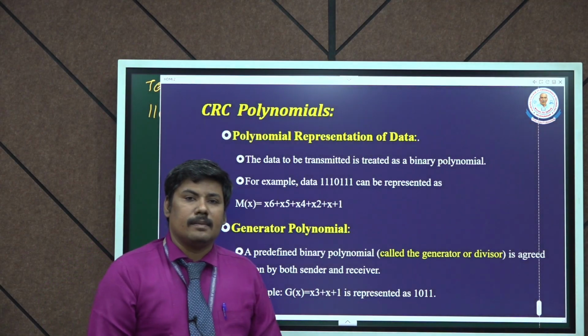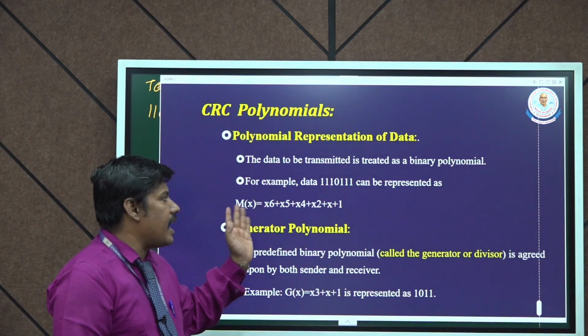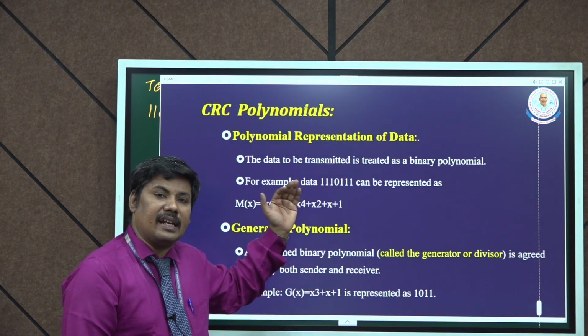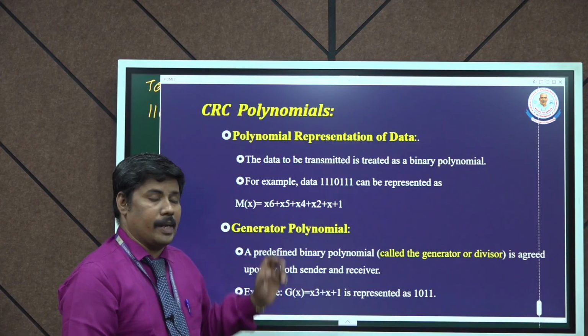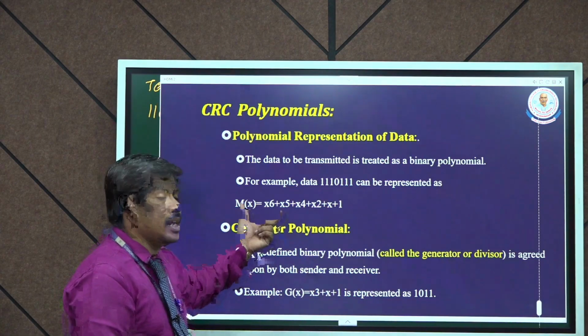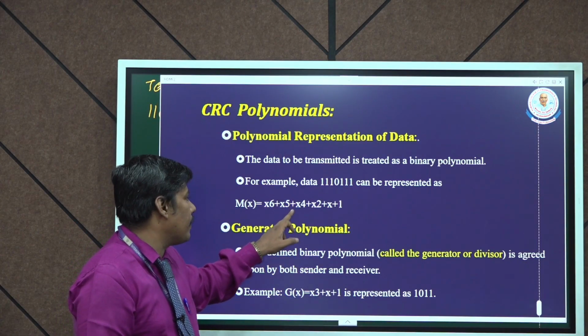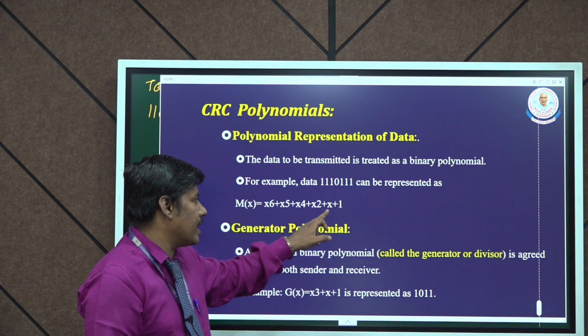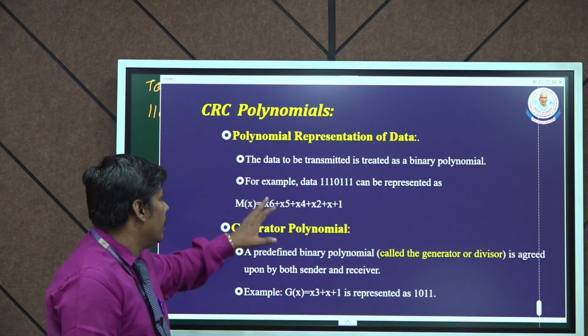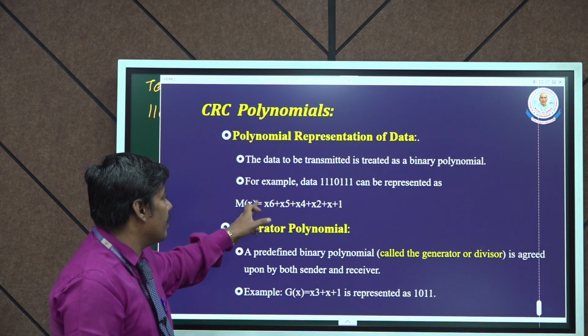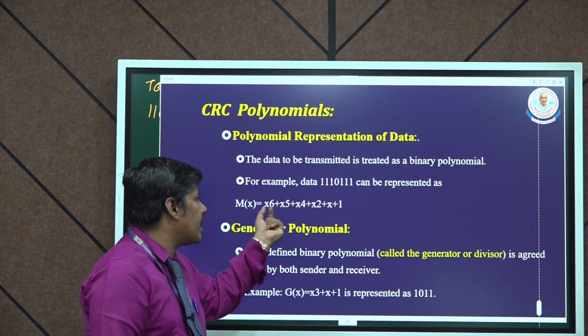CRC polynomials: at the sender level and the destination level, the data can be given as a polynomial. We can see this polynomial equation here, x power 6 plus x power 5 plus x power 4 plus x squared plus x, for example. Here we can extract the coefficients of x.